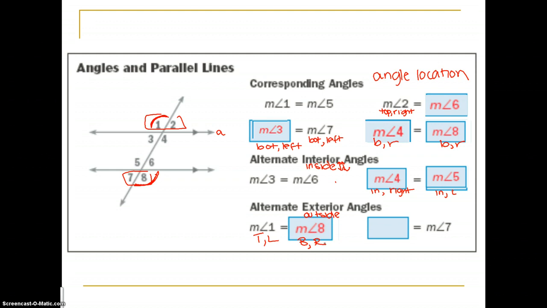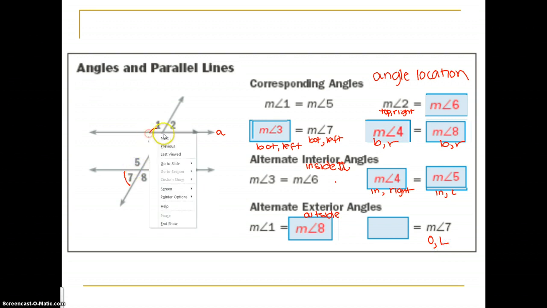Or you can even say that it's the outside right. Probably should have said that. Outside right. Angle 7, let me erase all this. Angle 7 is bottom left, or outside left. So what's on the outside? 1 and 2 on the top, but on the right. 2. Measure of angle 2.